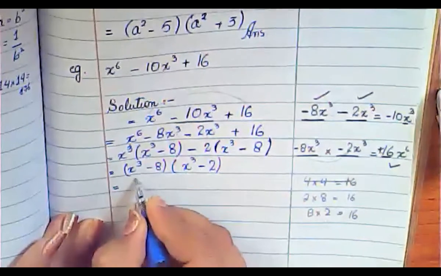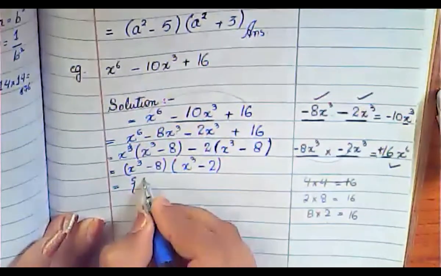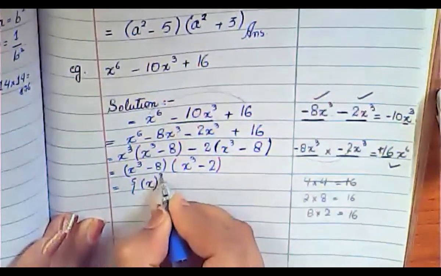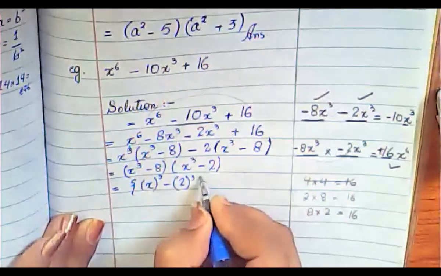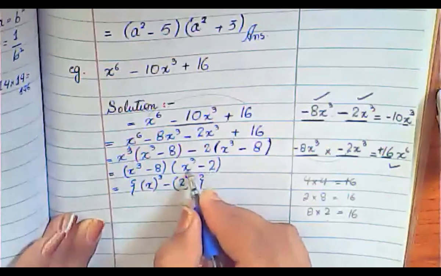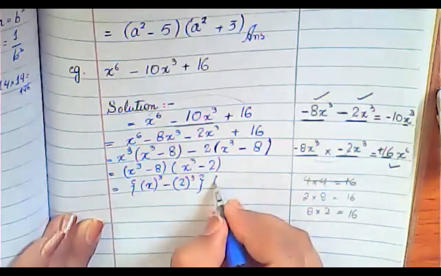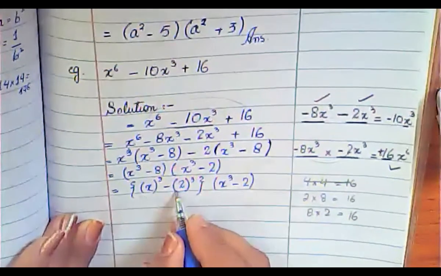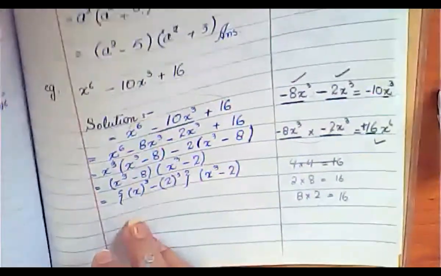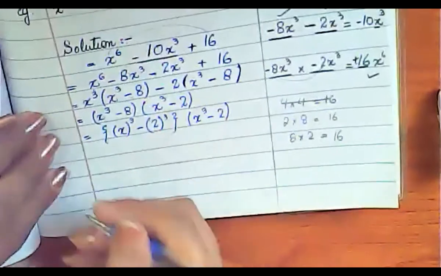Simply you will write in curly brackets x whole cube minus 2 whole cube, and here you cannot take any cube, so simply you will write x cube minus 2. Now after this you will remember the formula. Now which formula? Look here.